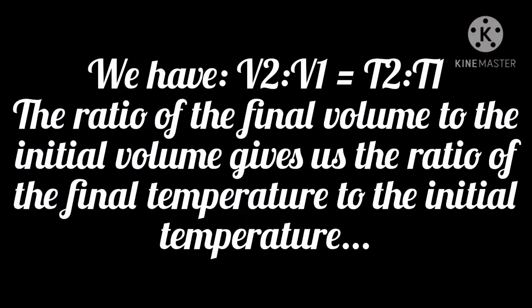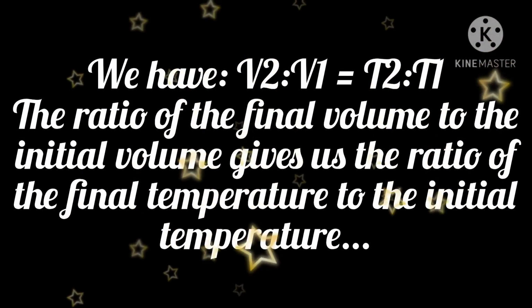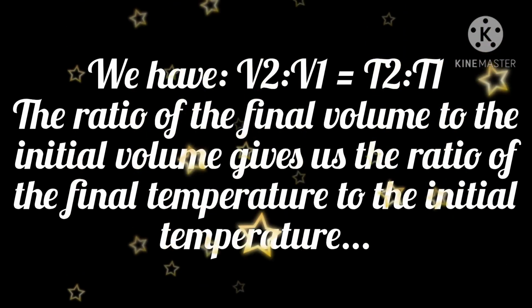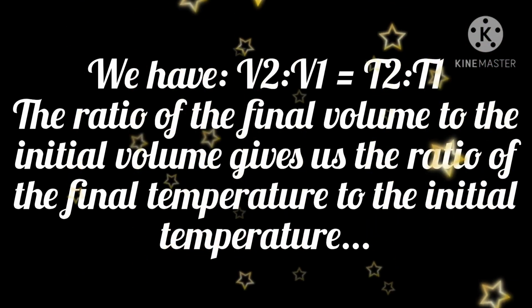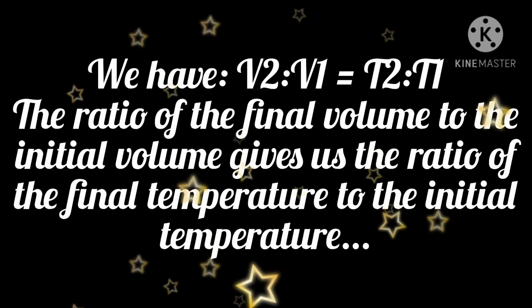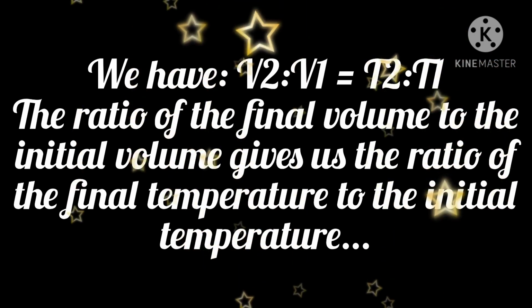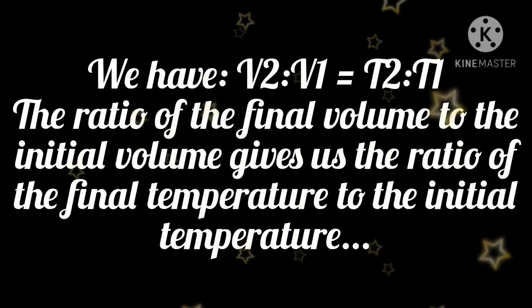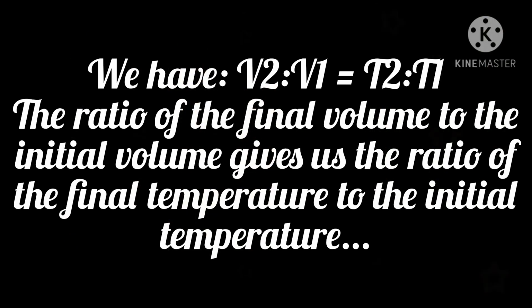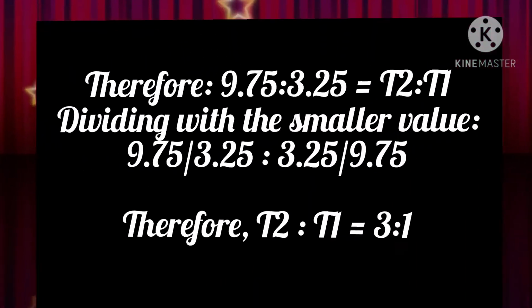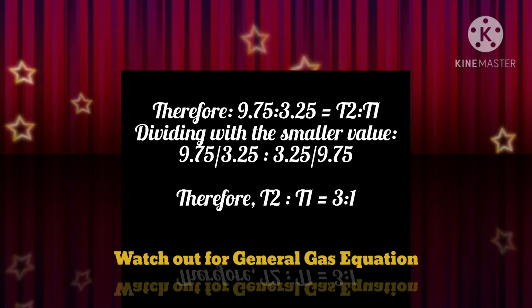So we see that the ratio of V2 to V1 is equal to the ratio of T2 to T1. And the ratio of the final volume to the initial volume gives us the ratio of final temperature to the initial temperature.